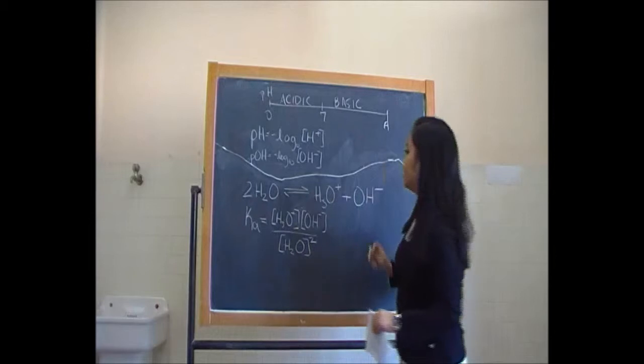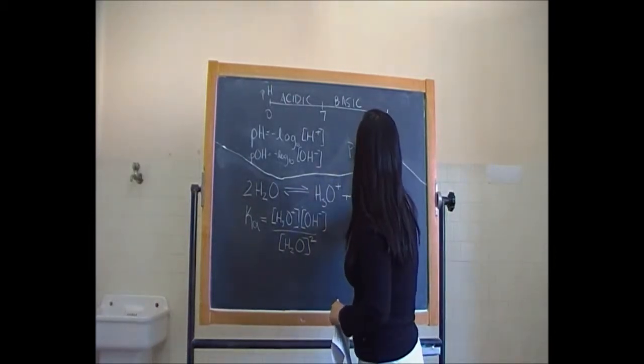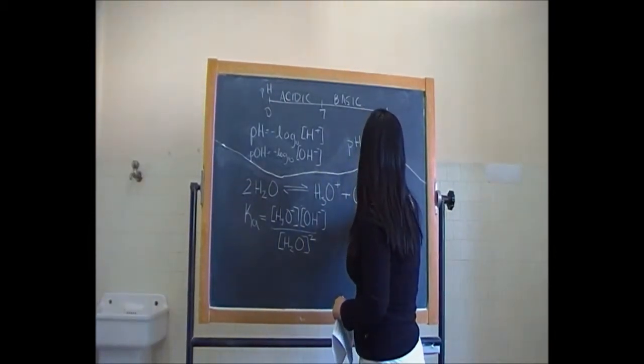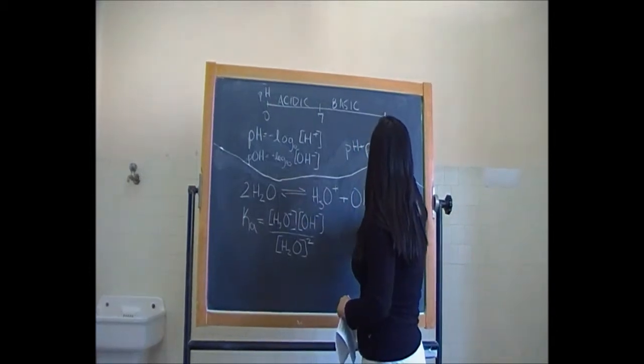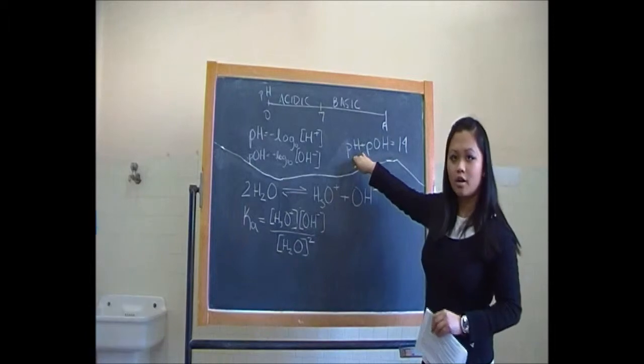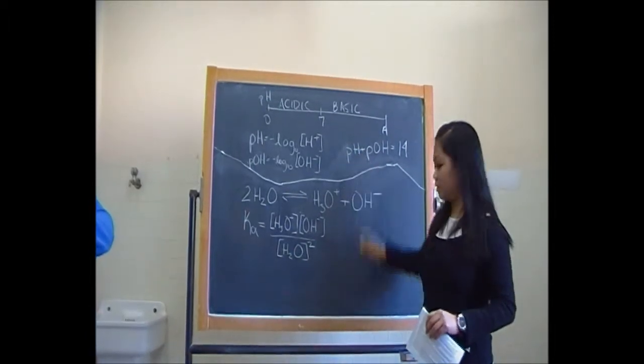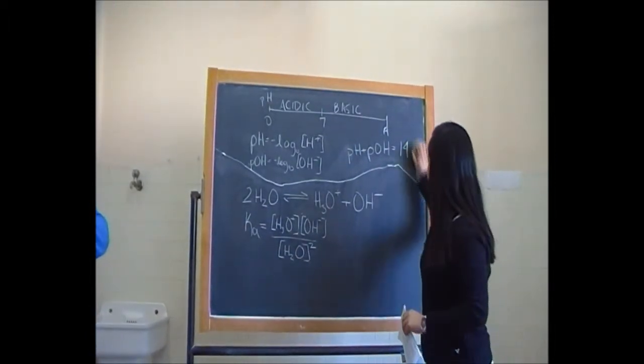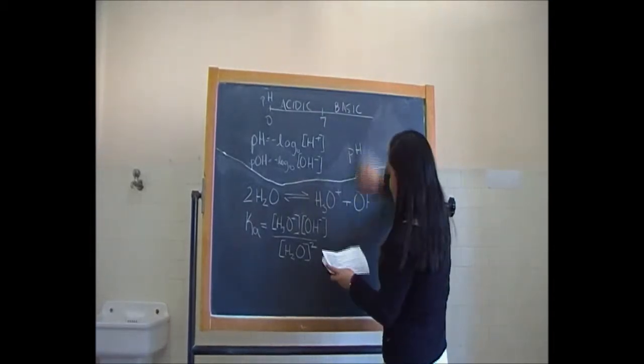A neat little trick is that pH plus pOH of water should add up to 14, because the pH of water, which is neutral, is 7. Let's do an example.